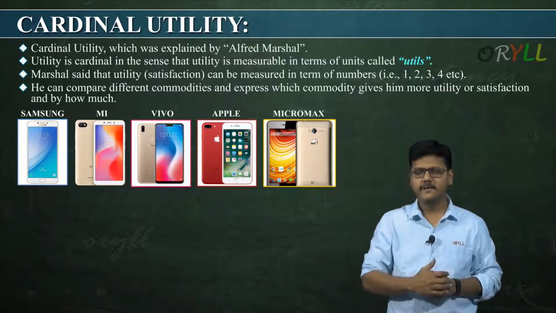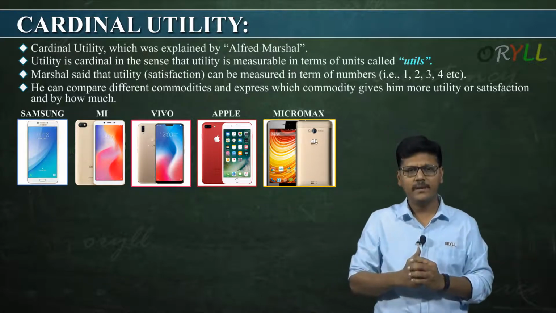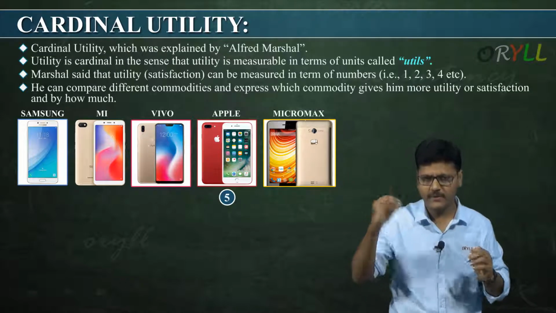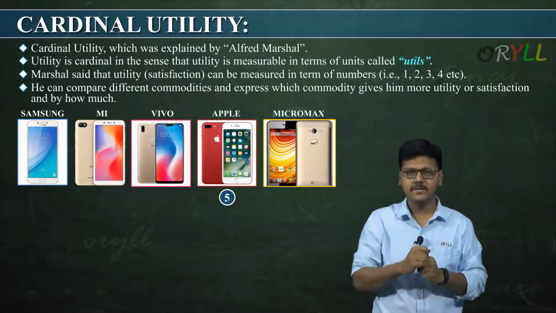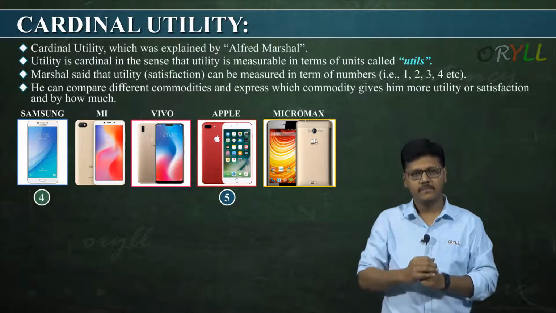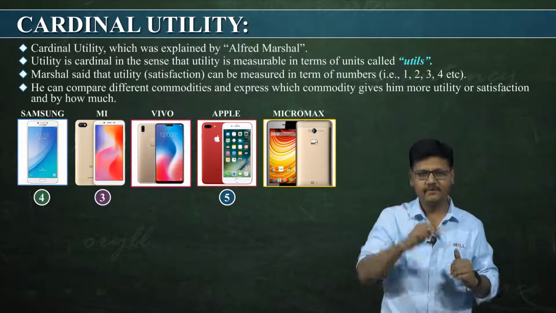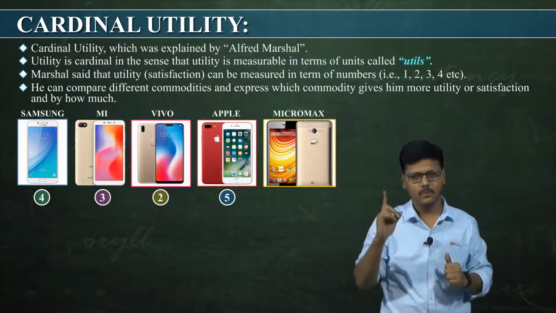Now first you said I will give Apple 5 units of satisfaction, 5 out of 5 utils you can say. For Samsung 4 utils, and for MI 3 utils, for Vivo 2, and for Micromax 1.